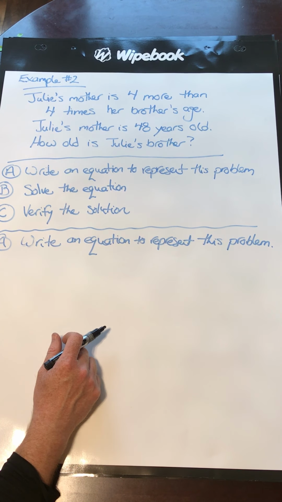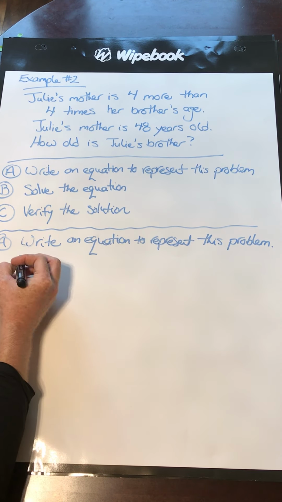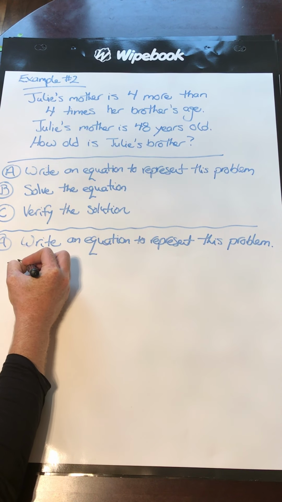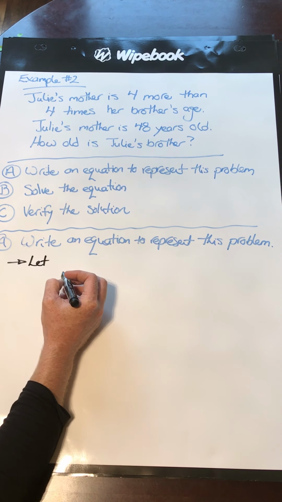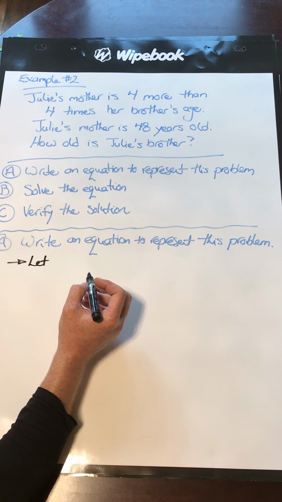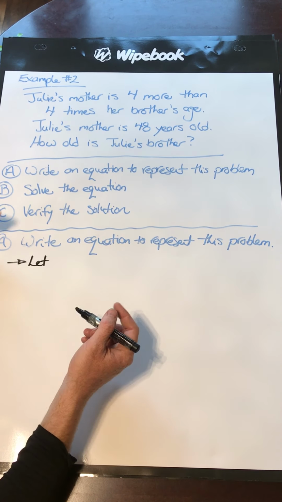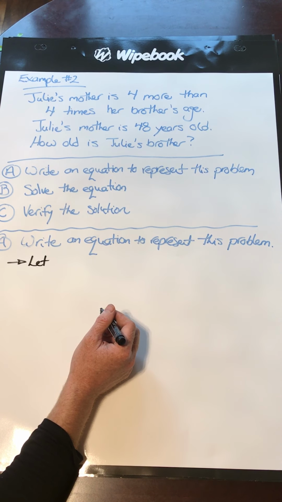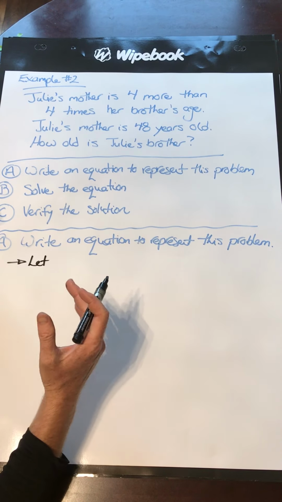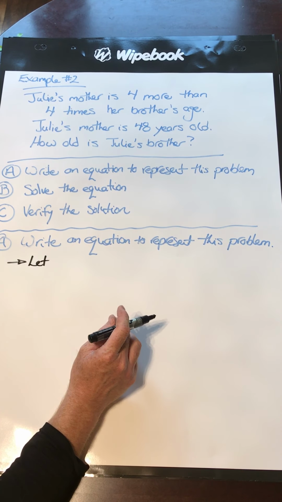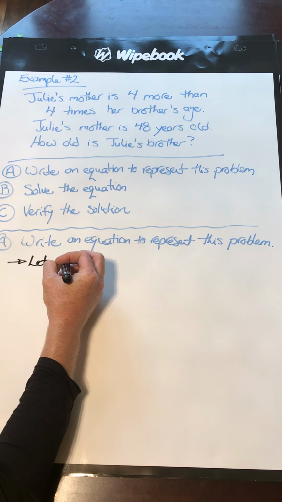So I'm going to write an equation to represent this problem, and this time I'm going to start with, I'm going to say let, and I'm going to use the variable x again. You can use any letter you want. In some questions they're going to use n or y, okay? It's the same, they just have chosen a different letter for the variable, but most times it's going to be x.